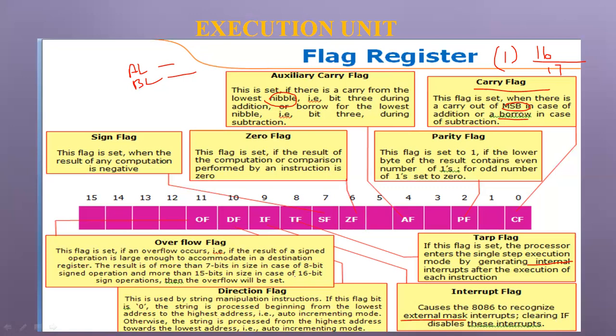For example, if the starting address is 5000, it automatically moves to 5001, 5002 like this, or to 4999, that is minus 1. Increment or decrement depends on the direction flag. So trap, interrupt and direction flags are used as the control flag memory.